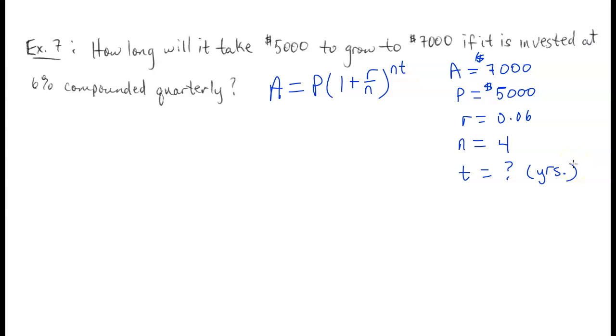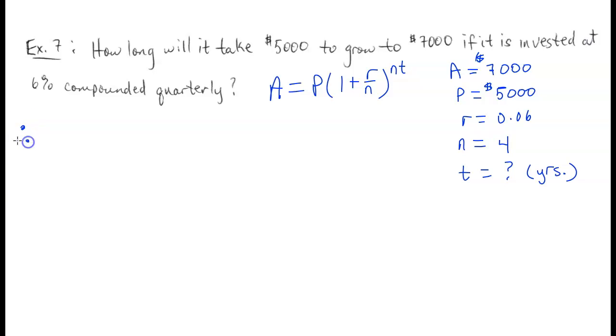Note that in order to solve for time, we're going to have to introduce logarithms, because we technically have an exponential equation here. To get this t out of the exponent, we have to use logarithms. So this is an example of seeing how that would work.